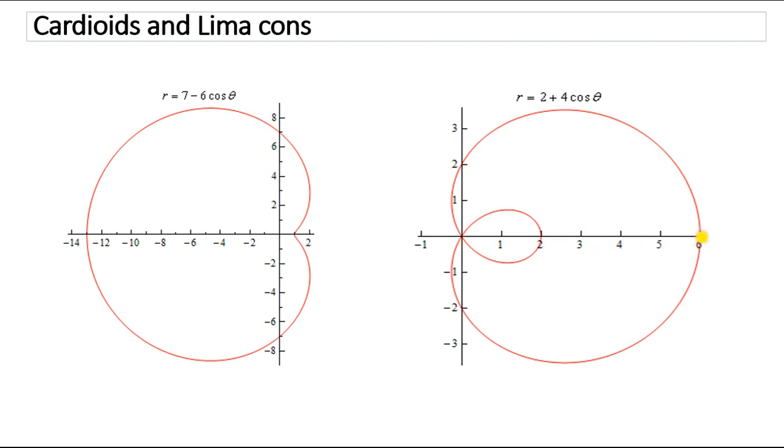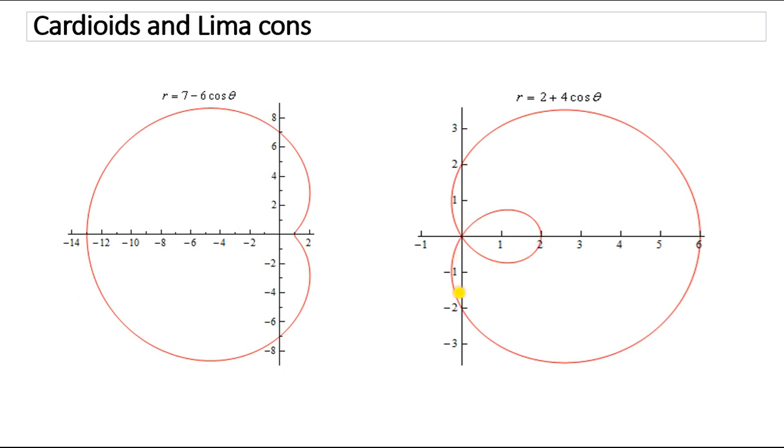In this equation, if theta equals 0, r is 6. If theta equals pi over 2, r is 2. If theta equals pi, r is negative, in the opposite side. Because r is negative at theta pi, this line, but r is negative so it is on the opposite line there.